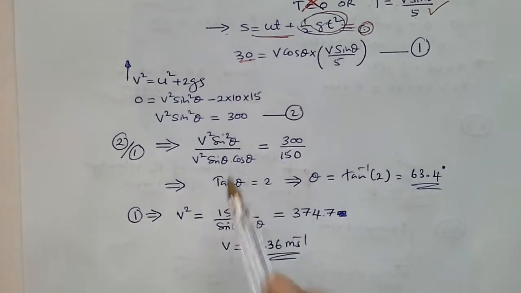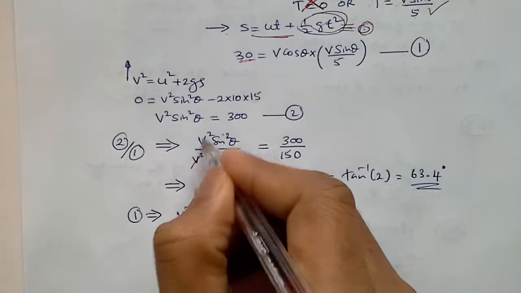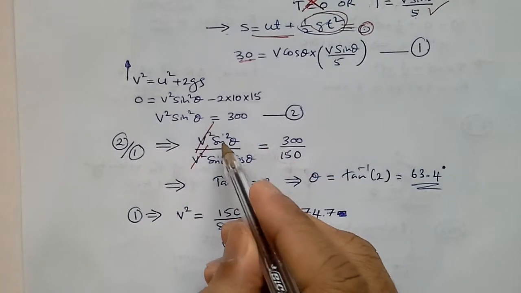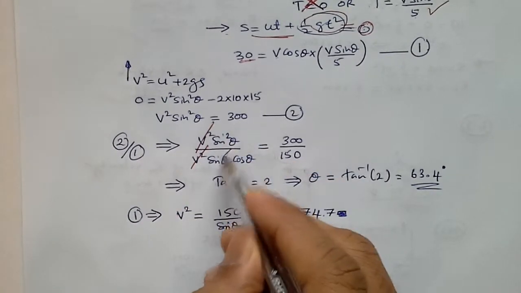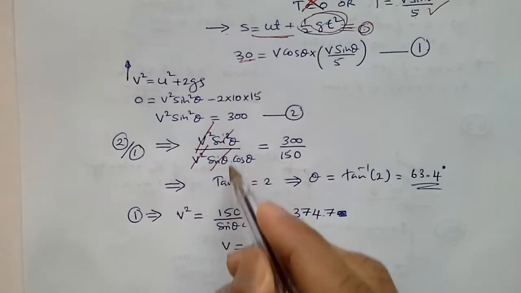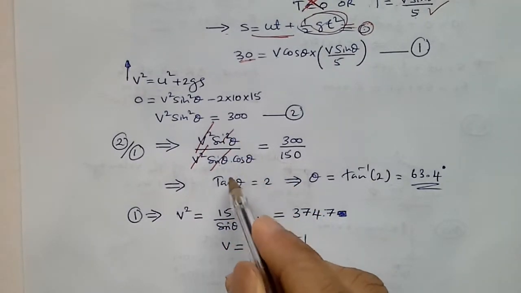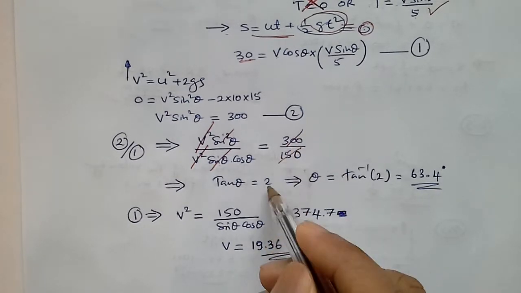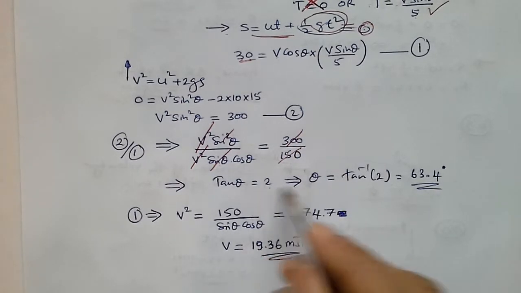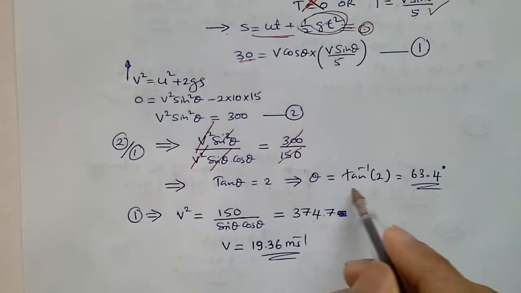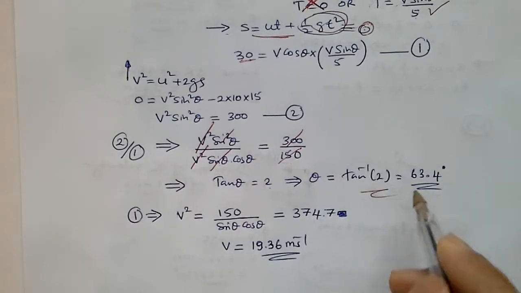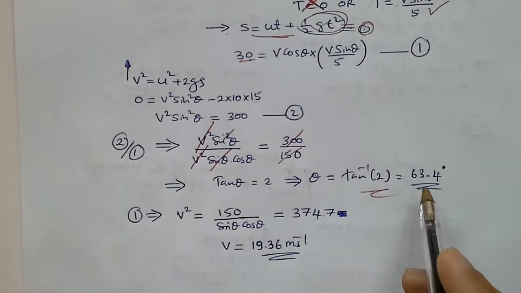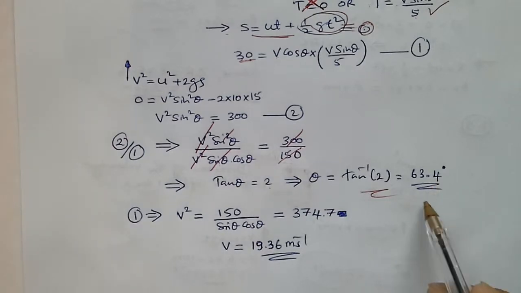From here I can cancel out v squared, and here you have sine squared and there sine theta, so I can cancel one sine theta. So I'll have tan theta equal to 300 by 150, which is 2. From here you will obtain the value for theta, which is roughly 63.4 degrees.